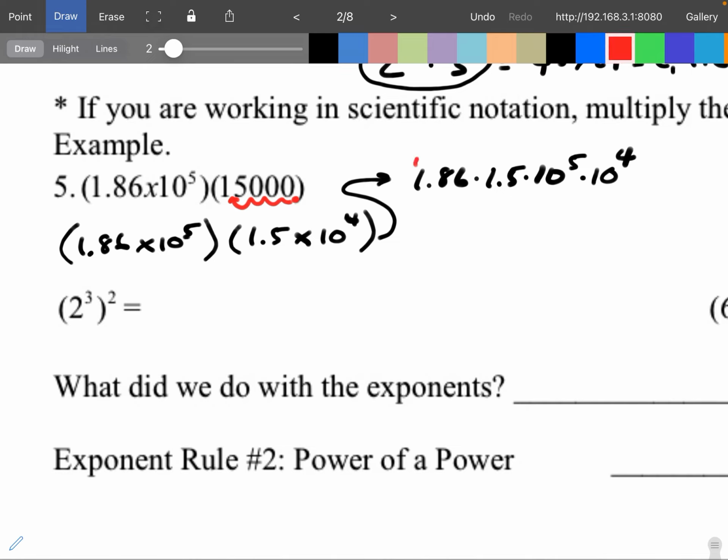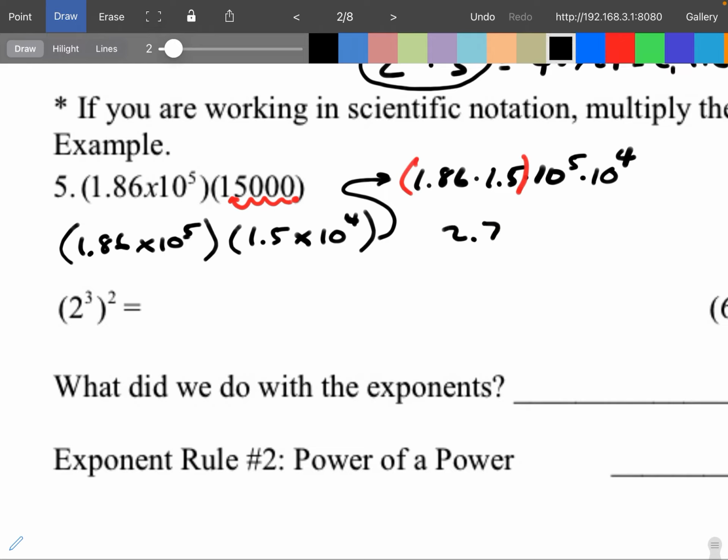So when you multiply these two, you're probably going to use a calculator. So I got 1.86. Oh, I messed it up. 1.86 times 1.5. That gives me 2.79.